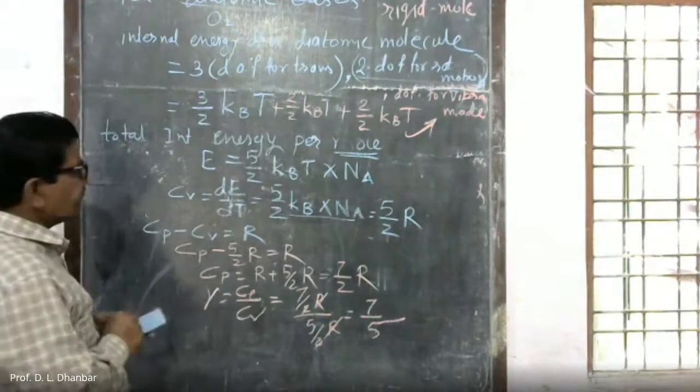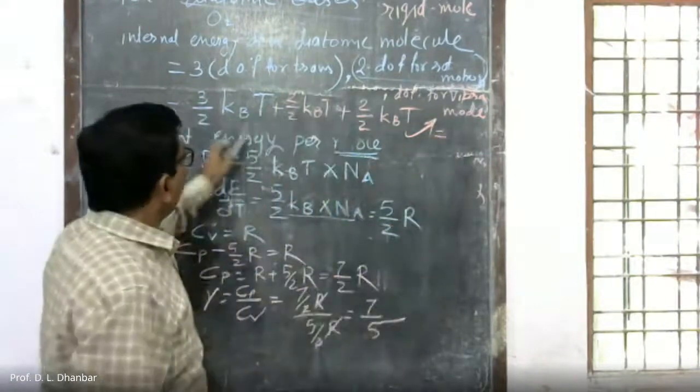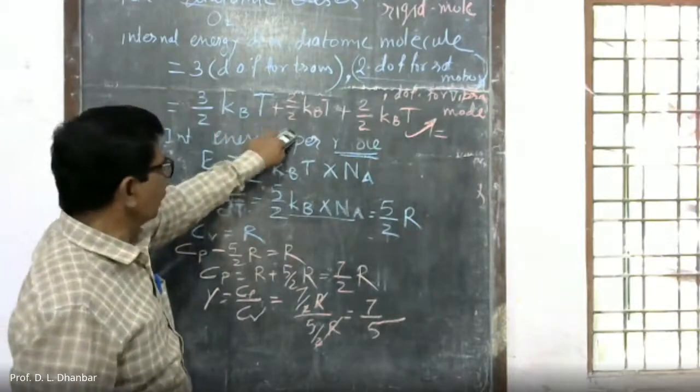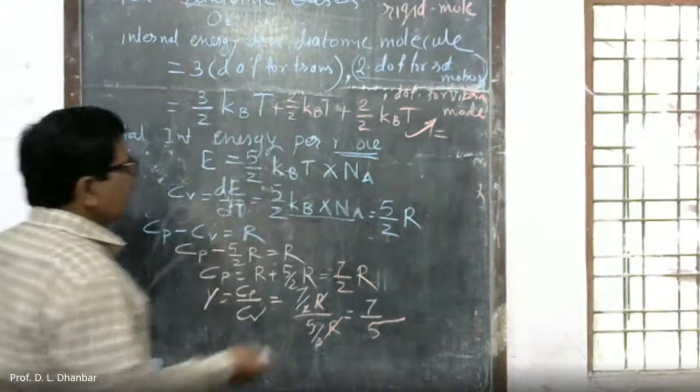Total energy in this case, if you add all these three, 3 by 2 plus 2 by 2 is equal to 5 by 2, plus 2 by 2.